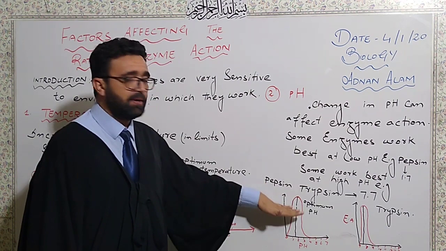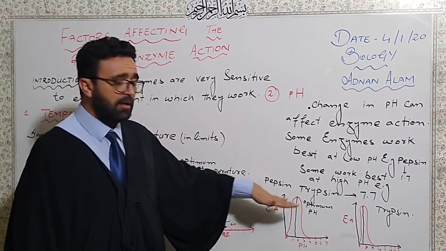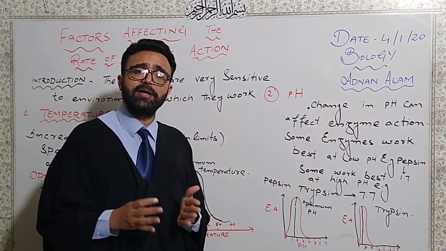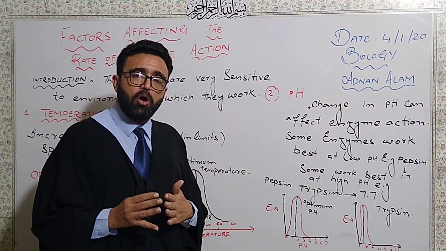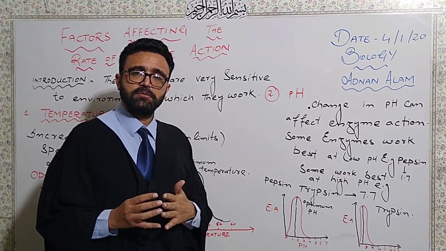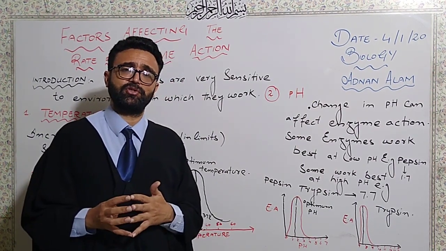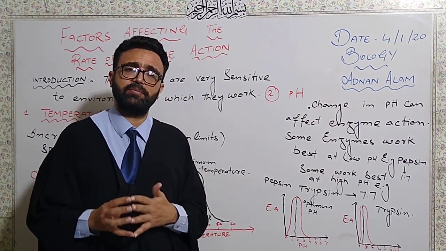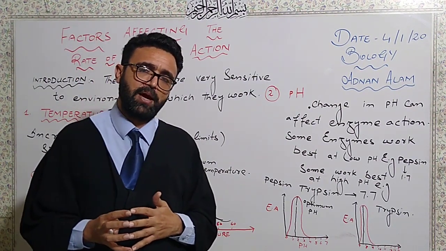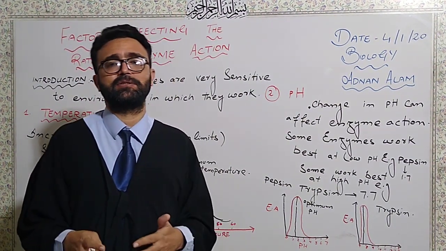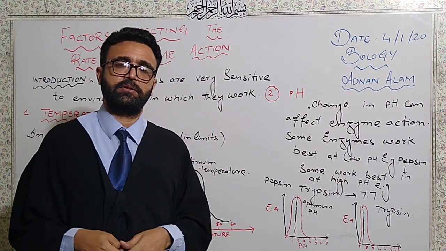If we increase or decrease the pH from the optimum limits, then again the denaturation of the three-dimensional structure of the enzyme molecule will happen and it will decrease the enzymatic activity.